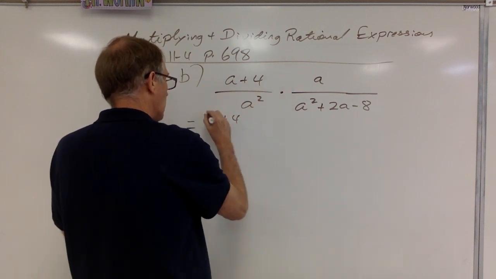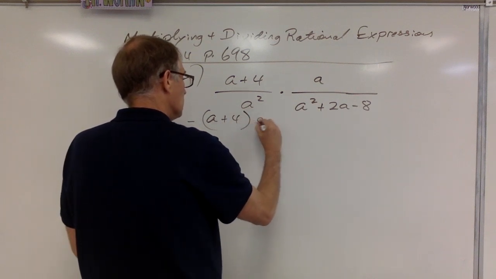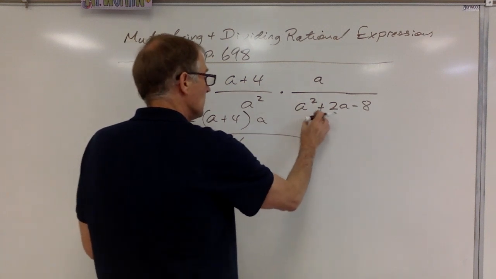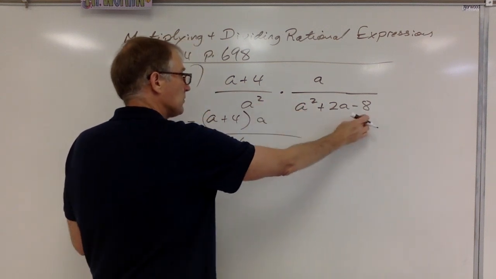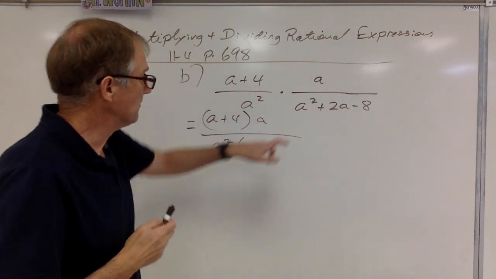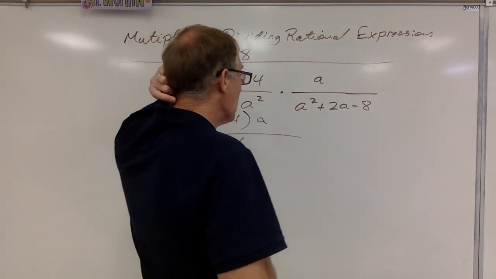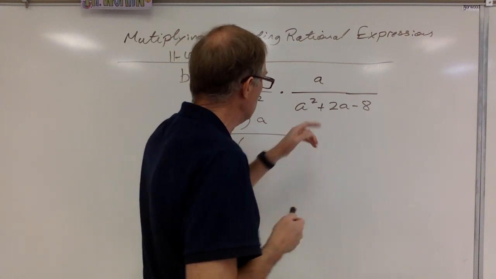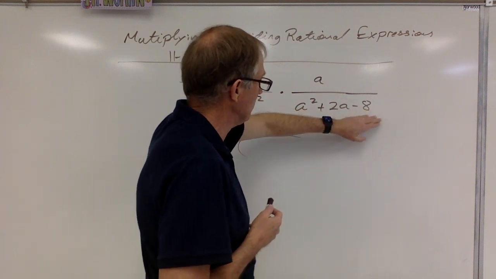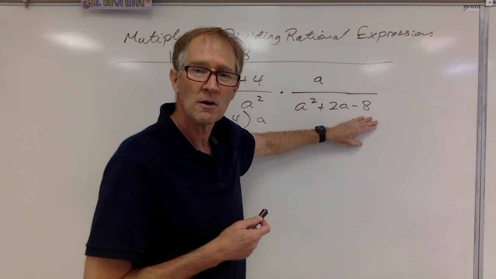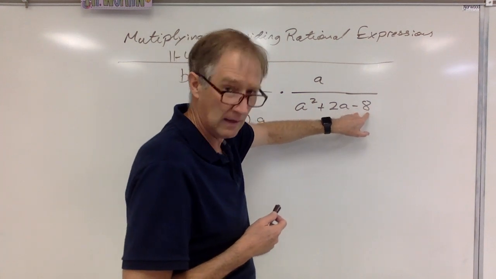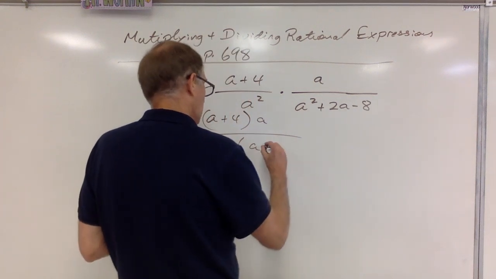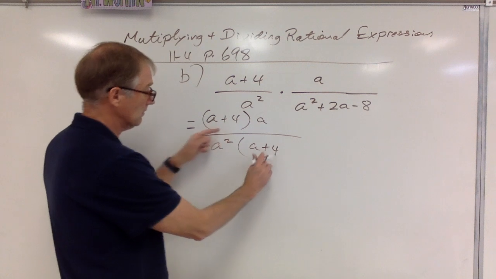That's going to be a plus 4 in parentheses, times a, divided by a squared times all of that. But I'm just going to save us a step and factor this. It's going to factor into a plus 4 and a minus 2. Positive 4 times negative 2 is negative 8.